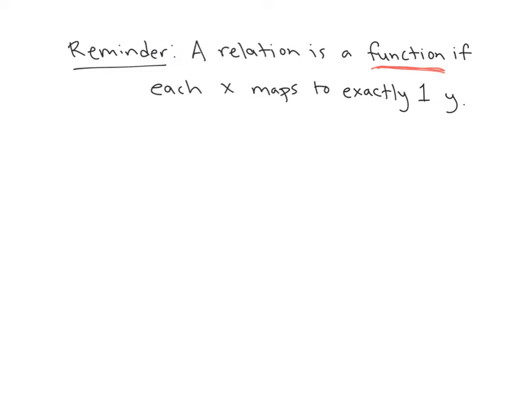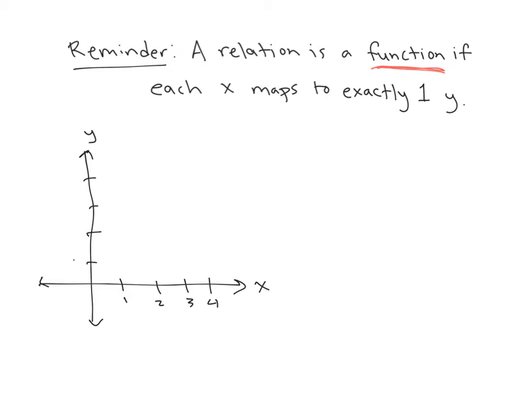Now, if we think about what this would look like on a graph, our x-axis is the one going left to right, so the x values would be like 1, 2, 3, and 4 going across, and the y-axis would be like 1, 2, 3, and 4 going up.